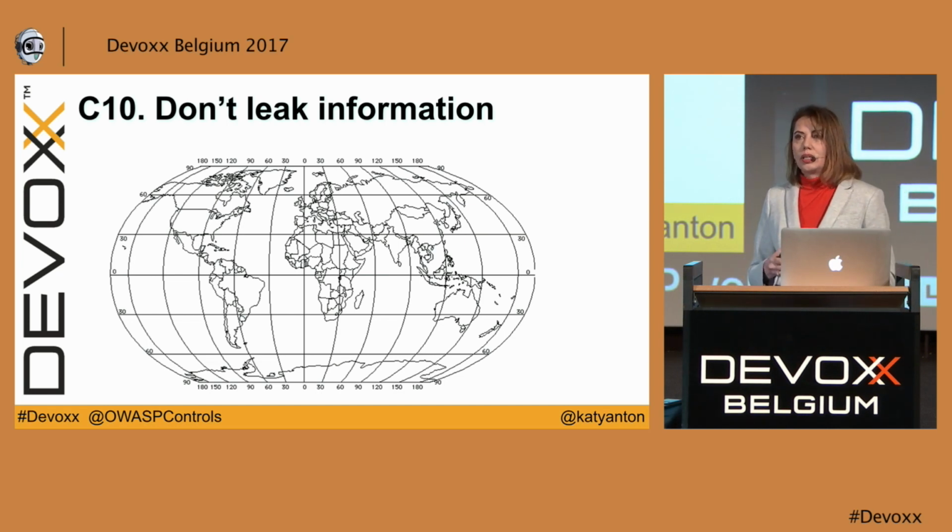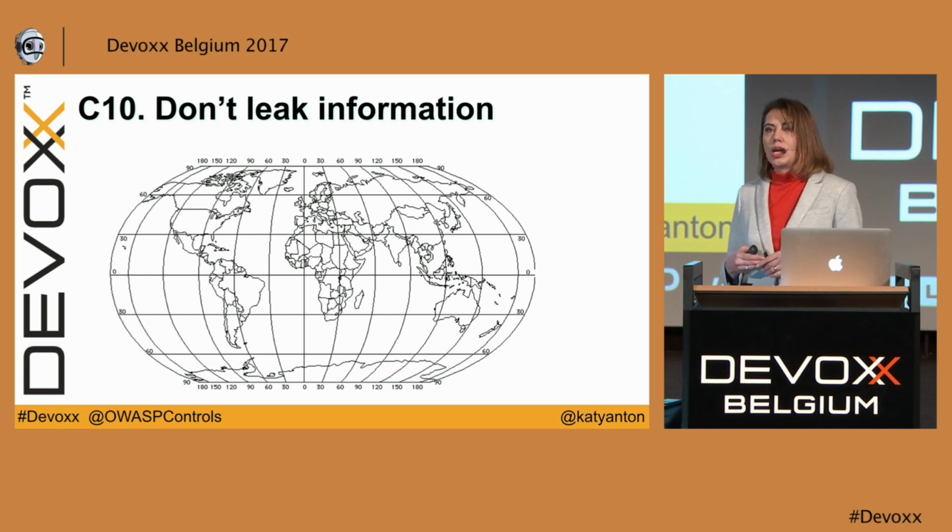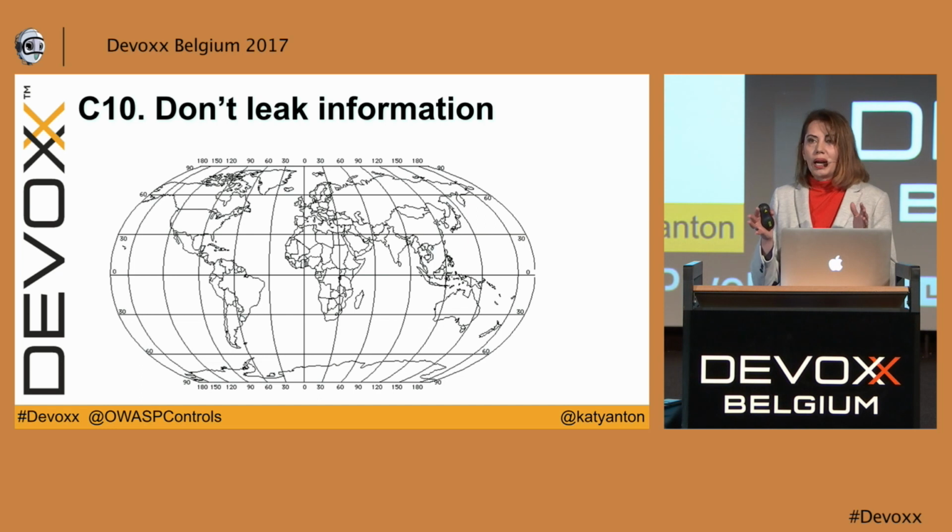So it's important that we don't leak information about our application. One way to deal with this is to give the user an error code and then log into the database the actual error message. Or, if you still need to display a message to the user, have all the messages centralized in one place, like a config file or a database.